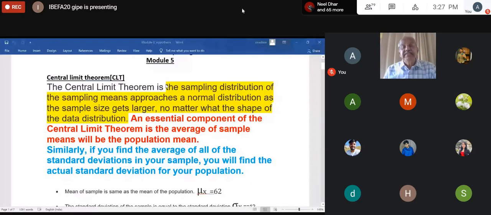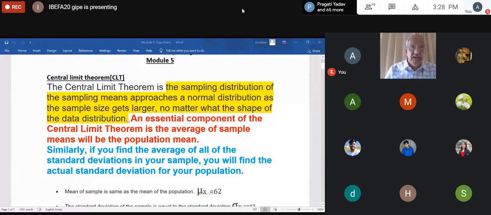CLT: the sampling distribution of the sample means approaches a normal distribution as the sample size gets larger, no matter what the shape of the data distribution is.